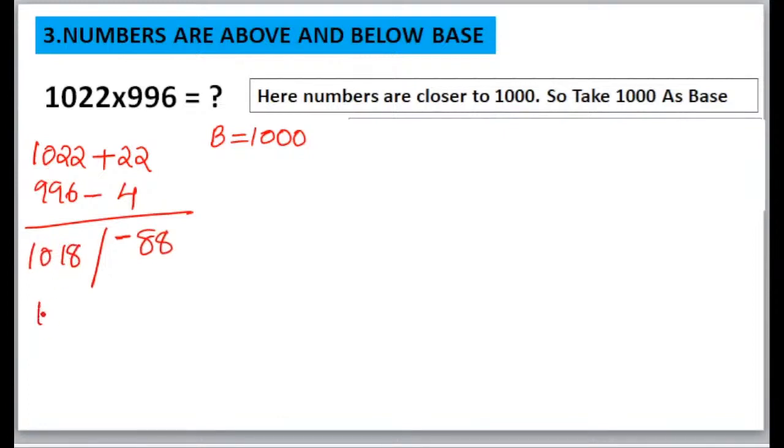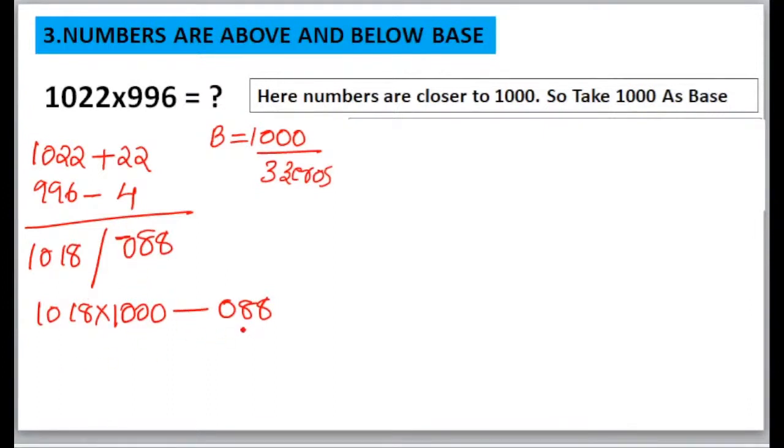So your answer is 1018 into 1000 minus 088 because your base has 3 zeros and you put a 0 here to make it 3 digits.